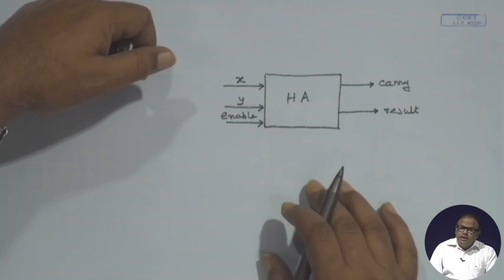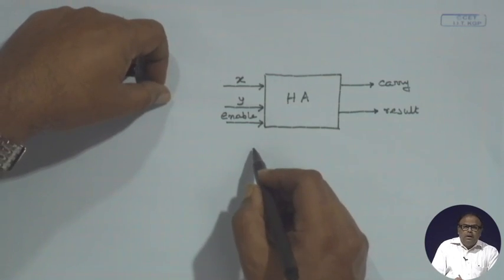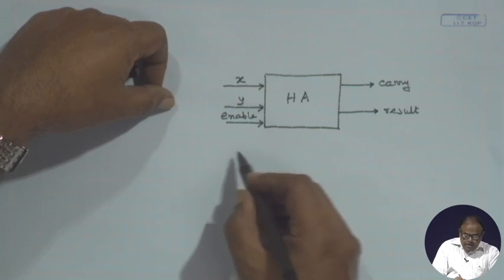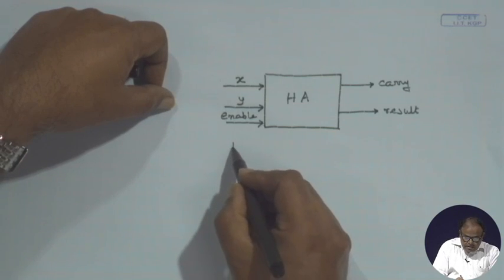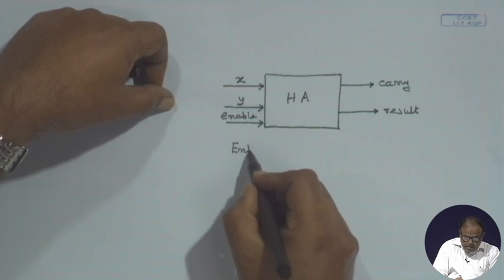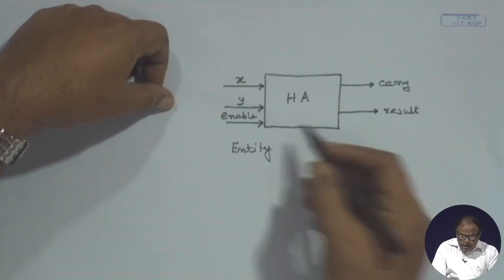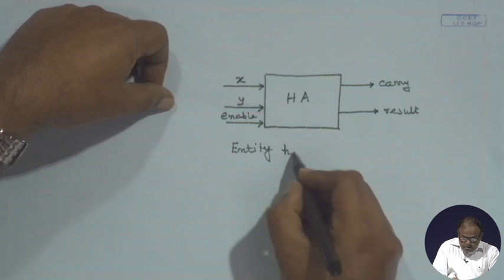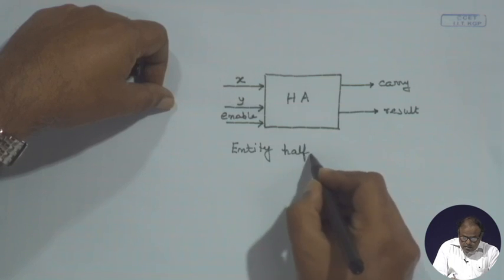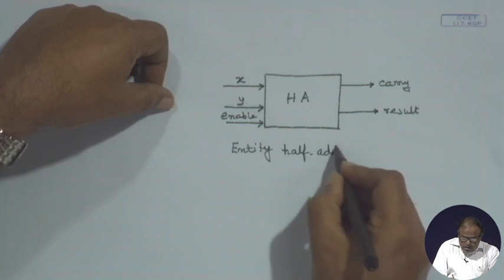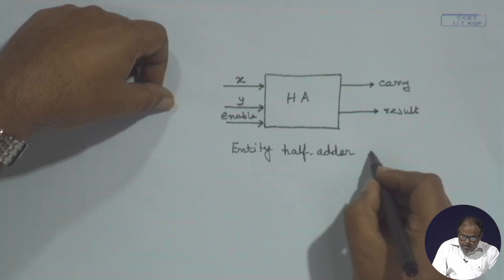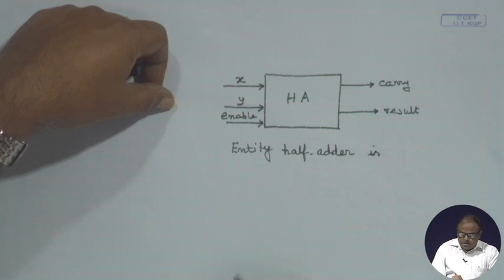So, in VHDL, I can describe this as entity. I can give a name to this, half adder is.